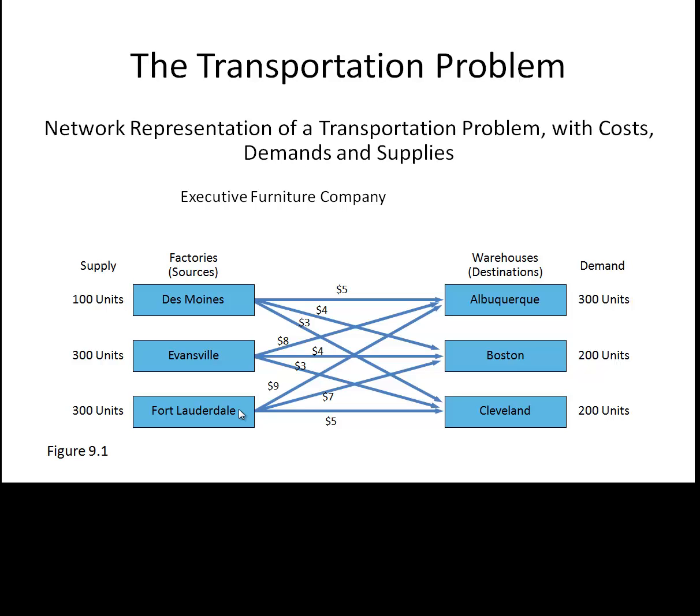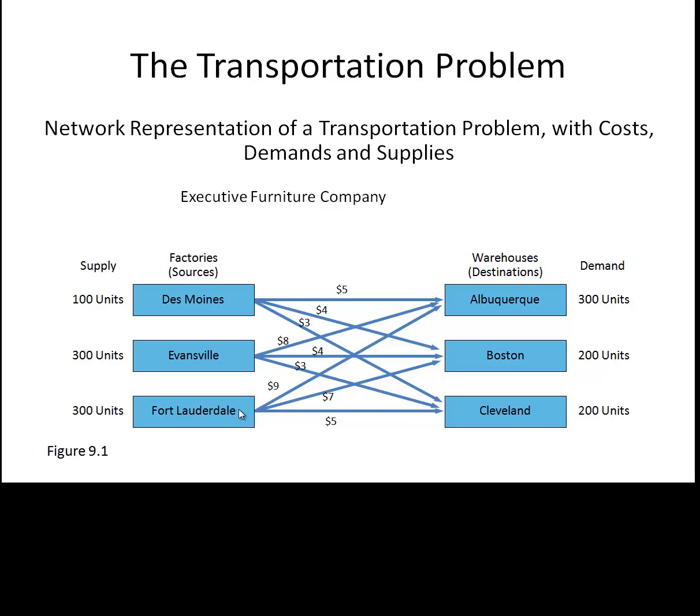If you look along the routes between our supply and our demand, you'll see the cost that it takes to get there. These costs will be what we will look at as our objective function.